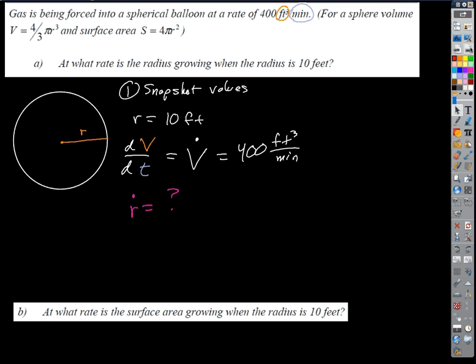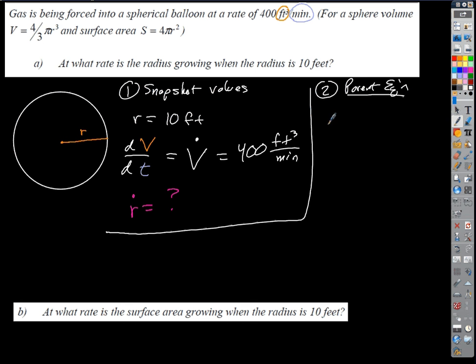So step 2, I'm just going to partition this off here. I'm probably going to run out of room, but I can make more. Step 2 is the parent equation. That's just going to be V equals 4/3 pi r cubed.